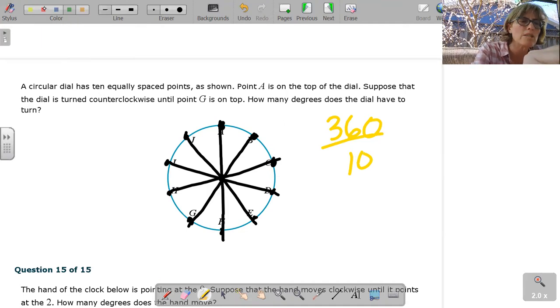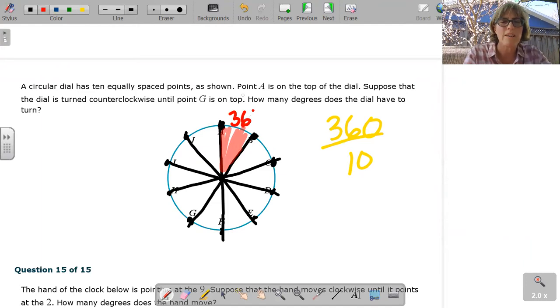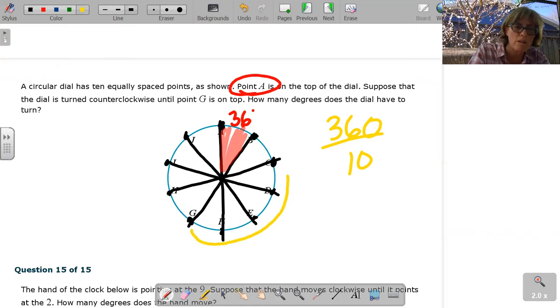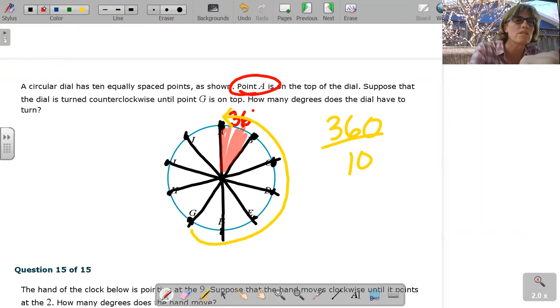So each pie slice rotates 36 degrees. So it says if point A is at the top of the dial, suppose it's turned counterclockwise until G is at the top. So coming this way, counterclockwise until G is at the top. How many degrees does the dial have to turn?